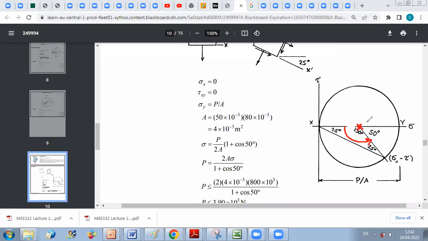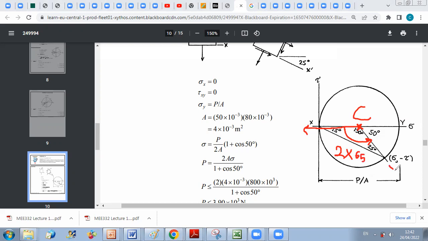So this is my origin. This is the center of my circle. I rotated, on the figure of the element, from the x axis towards the y prime axis an angle of 65. So here I should rotate on the Mohr circle an angle of 2 times 65 in the counterclockwise direction, equal to 130 degrees.